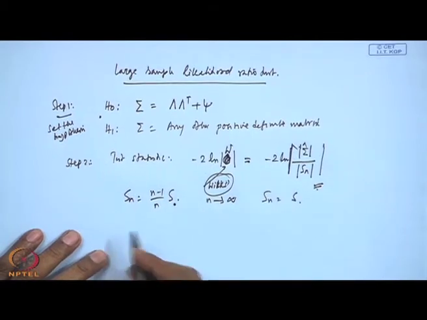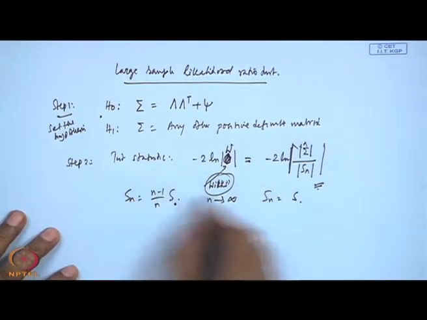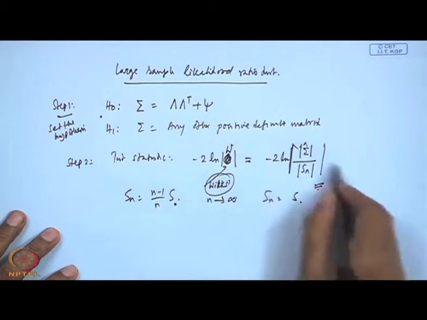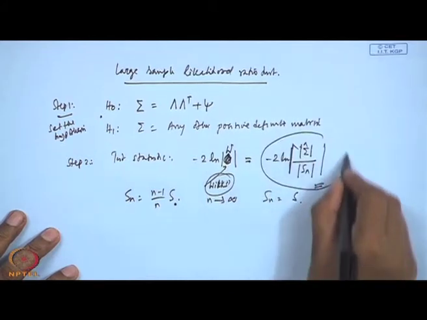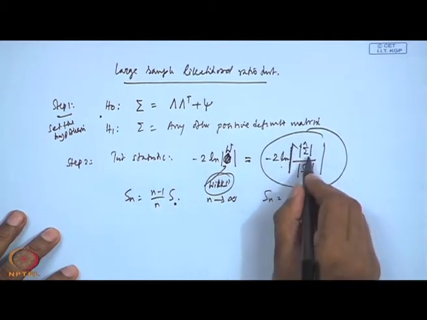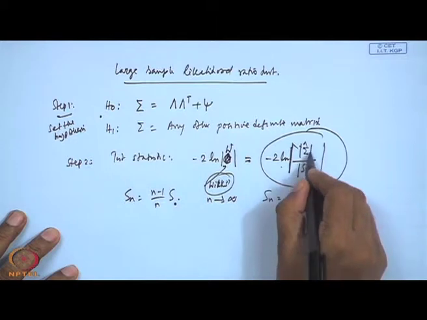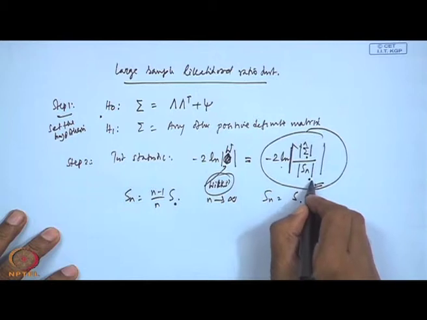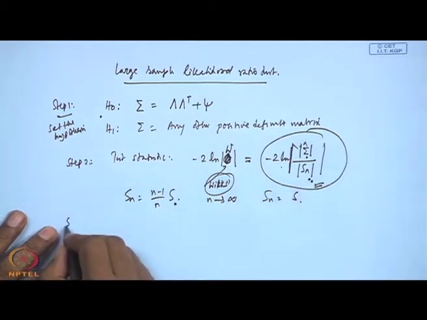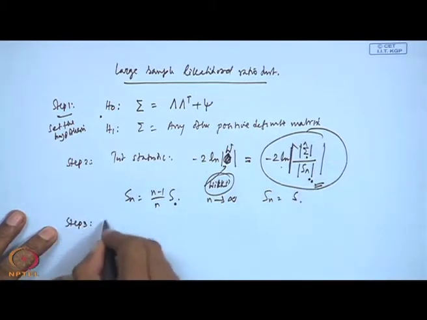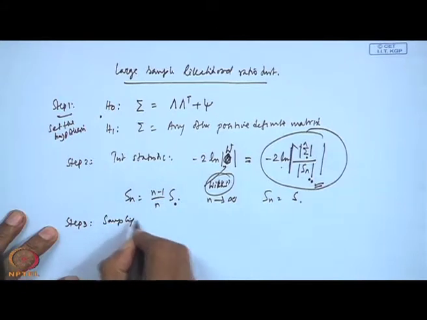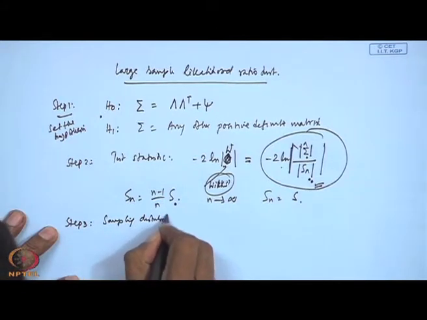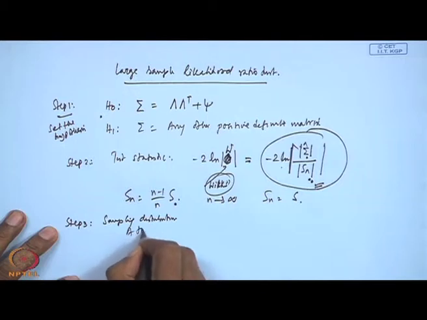So what is my test statistic here? My test statistic is minus 2 log determinant of sigma by determinant of Sn. Then you have to find the sampling distribution of the test statistic.